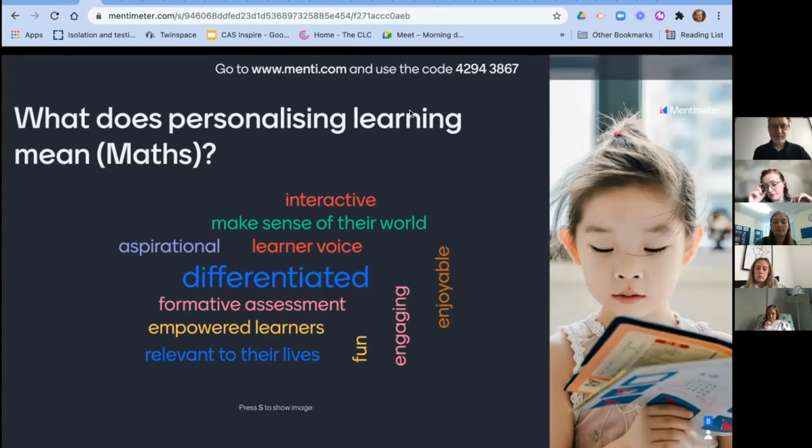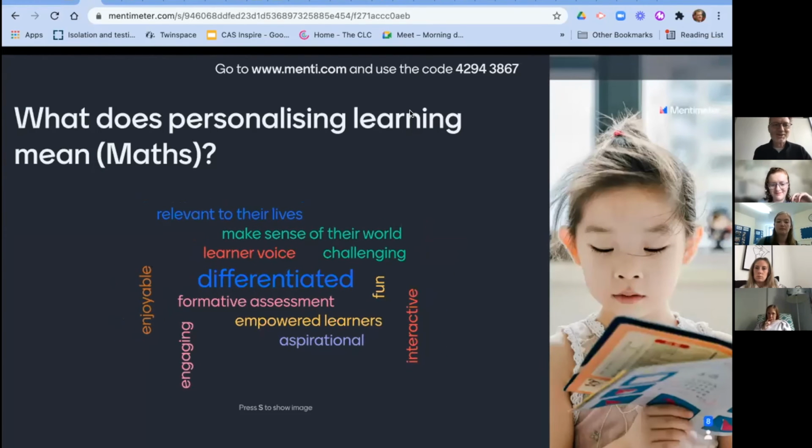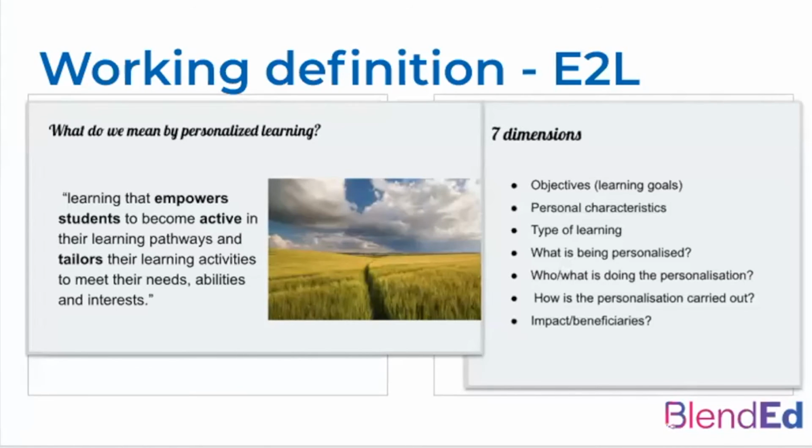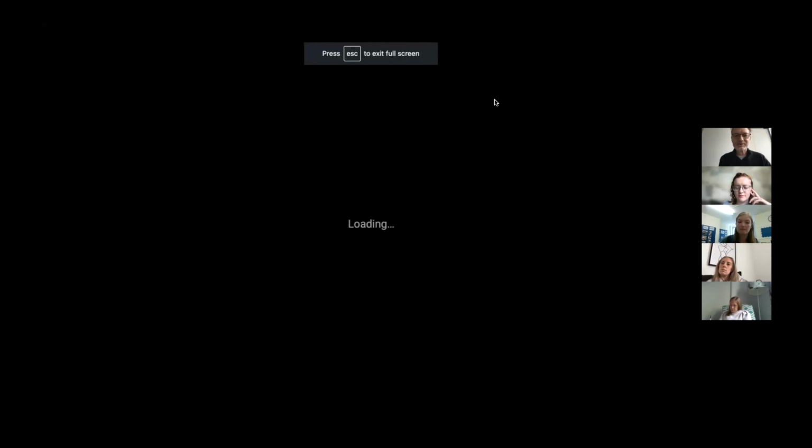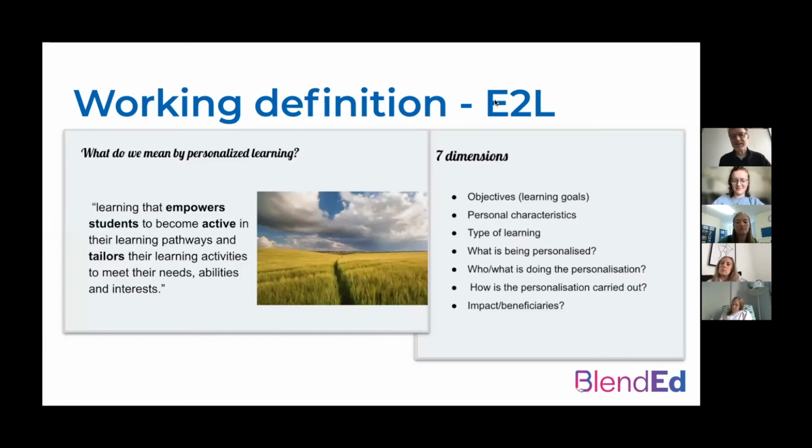So that's given a flavour of the many meanings of personalised learning, and this is something that we've been grappling with in the project, and had quite a lot of discussion about whether we could come to a definition of personalised learning.